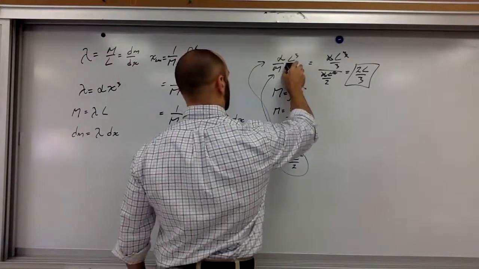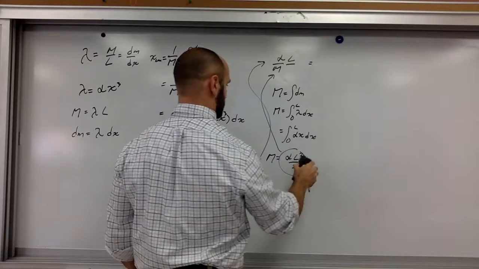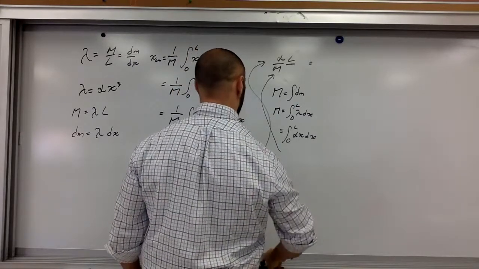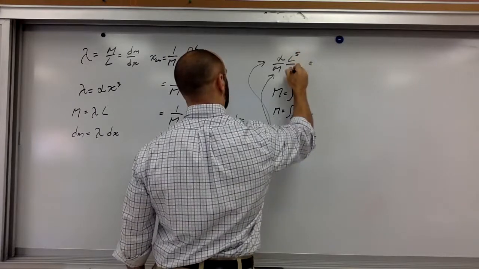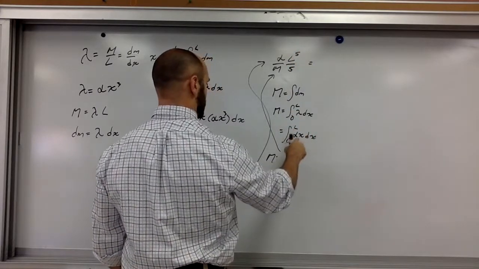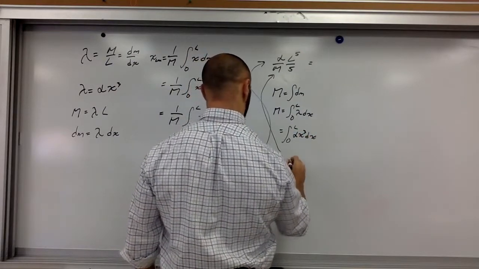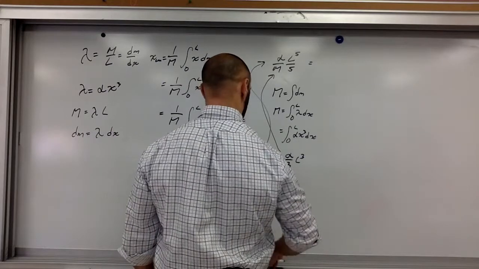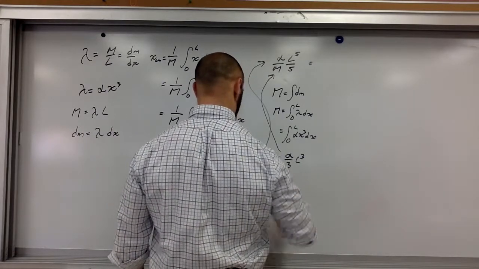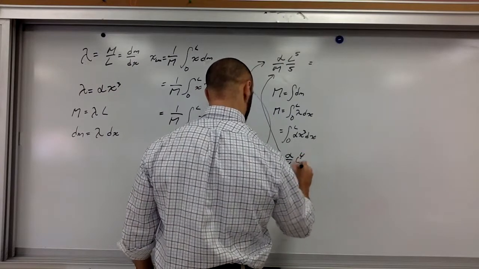So let's redo that. We'll get a new thing down here. So this is going to end up being L to the 5th over 5. When I plug this in, if this is to the 3rd, then I'm going to end up with alpha over 4 L to the 4th.